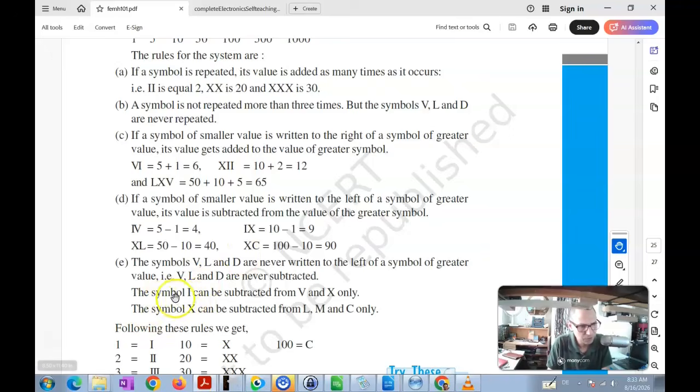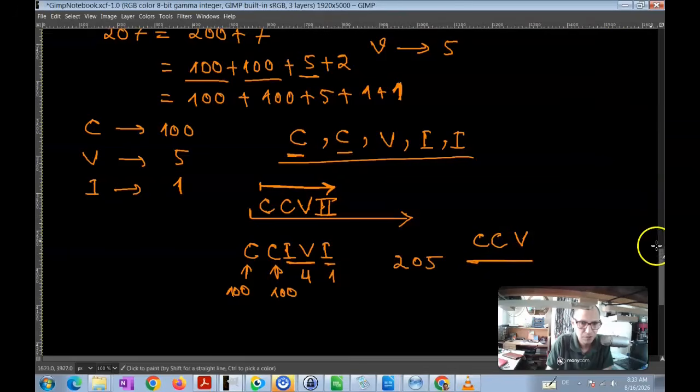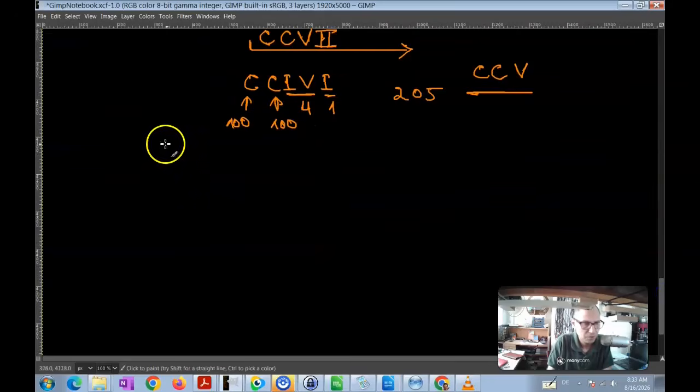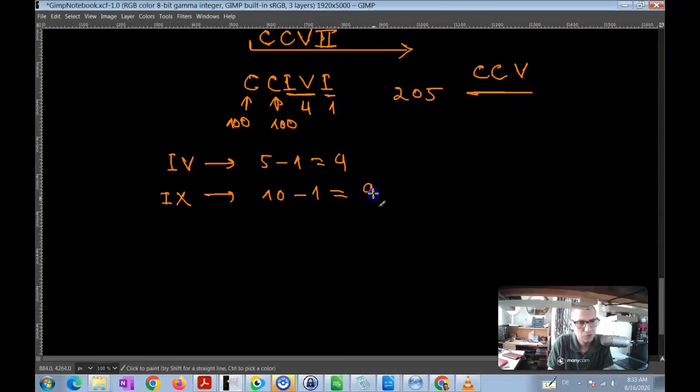And of course, the symbol I can be subtracted from 5 and 10 only, meaning the symbol for 1 can be written to the left of 5, which means 5 minus 1, which is equal to 4, and then 1 can be written to the left of 10, which means 10 minus 1, which is equal to 9.